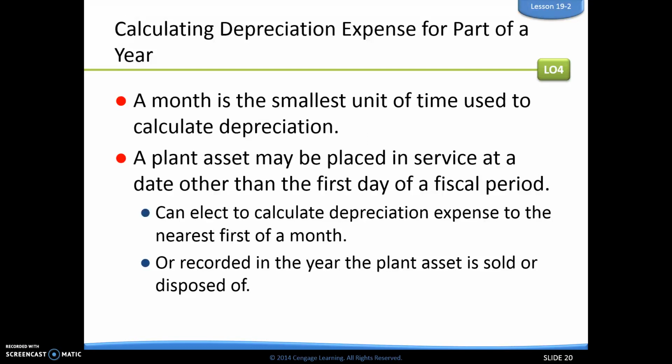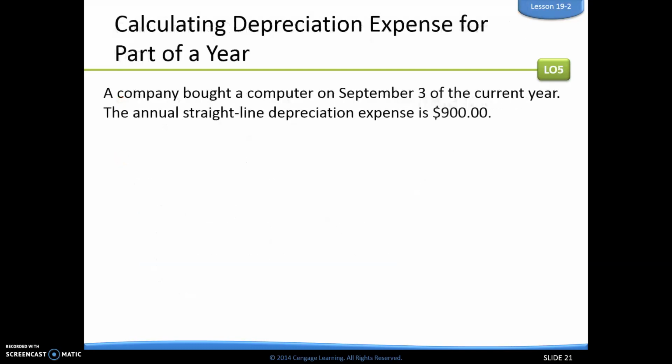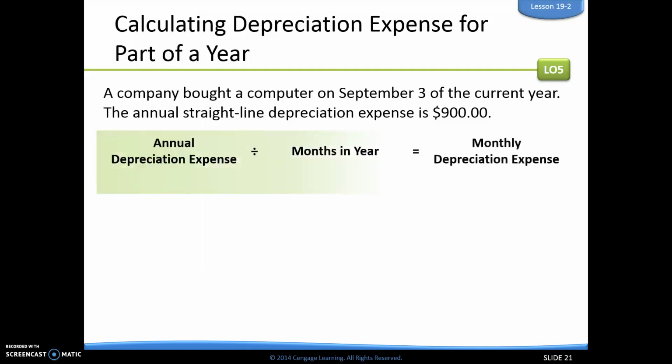So when we do this, what that looks like is, let's say that a company bought a computer on September 3rd of the current year and the annual straight line depreciation expense is $900. So what we're actually going to do is we're going to take our annual depreciation expense, which is 900, and divide it by the number of months in a year, which is 12, which means that every month we are expensing $75 worth of that computer.